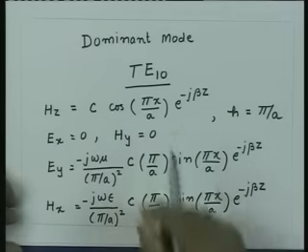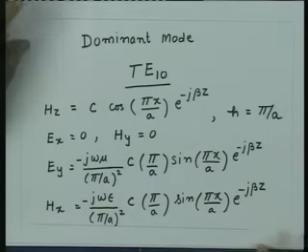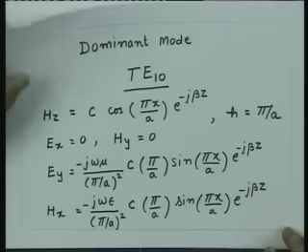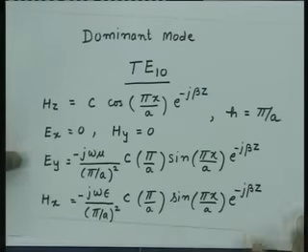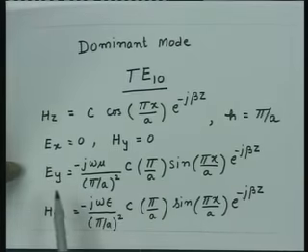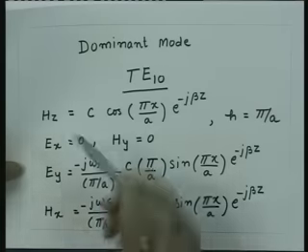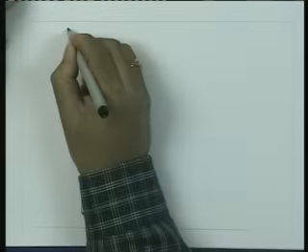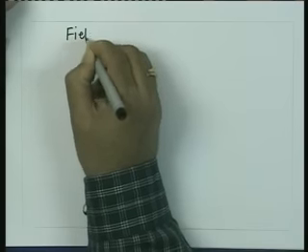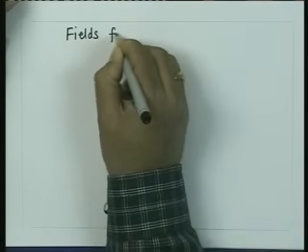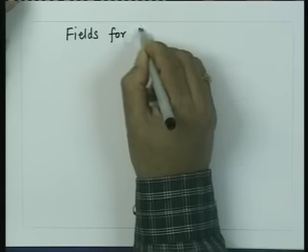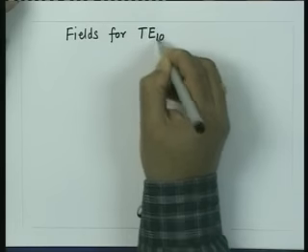I can simplify and get the field expressions explicitly for the TE10 mode. The TE10 mode has only one electric field component, that is Ey, and two magnetic field components, Hx and Hz. So, now we have the fields for the TE10 mode.